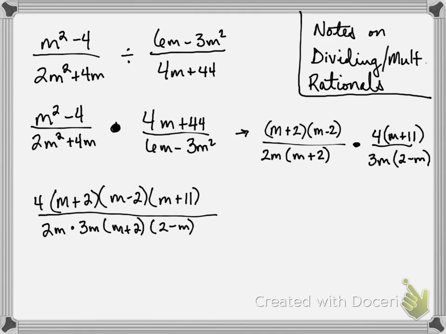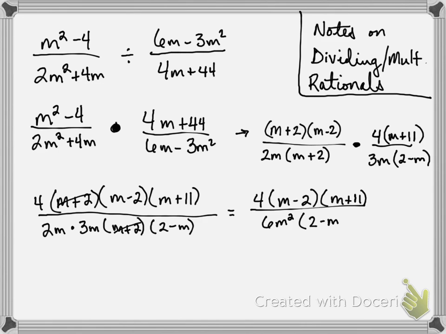So what are some things that can cancel each other out? Well, right away, I noticed that we have m plus 2 and m plus 2. And right now, that is it. So this is just going to be 4 times m minus 2 times m plus 11, all over, what is that, 6m squared, 2 minus m.